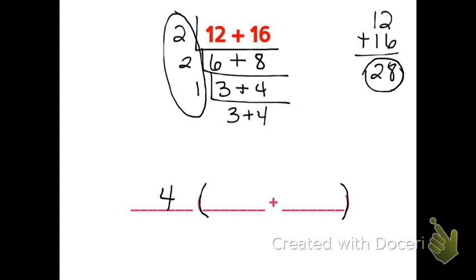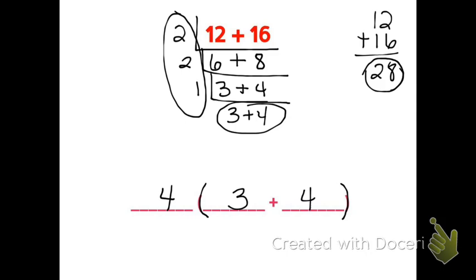The two numbers on the inside are these two numbers right here, 3 plus 4. Because all we did was we took 12 and 16, we took out the greatest common factor, which is 4, and then we wrote that outside of parentheses. Now, let's see if this equals the same as we got before, 28. That's our goal, it needs to equal the same amount. Then we know we did it correctly.